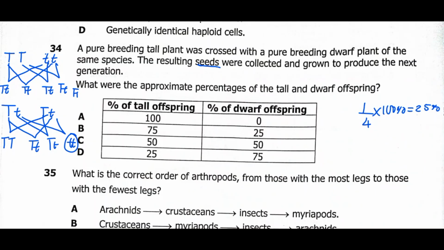They have not specified whether tall is pure; as long as it is tall, it is 1, 2, 3, so 3/4 times 100% gives 75%. So the answer is B.